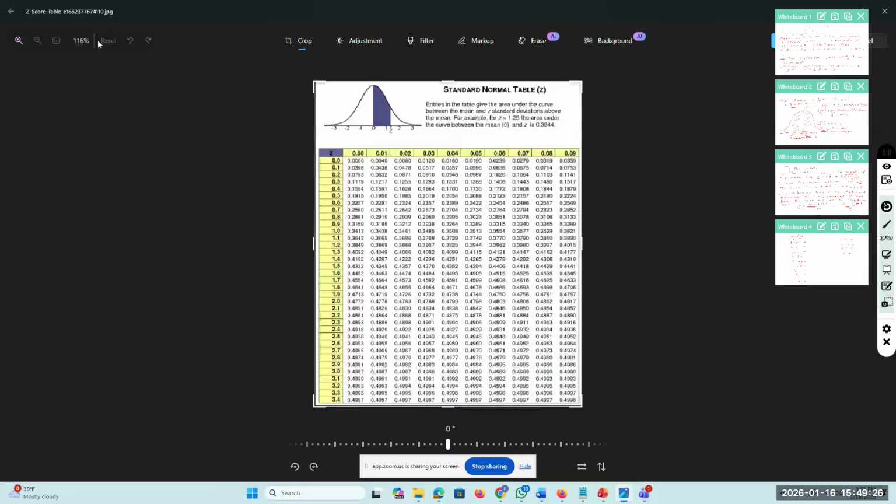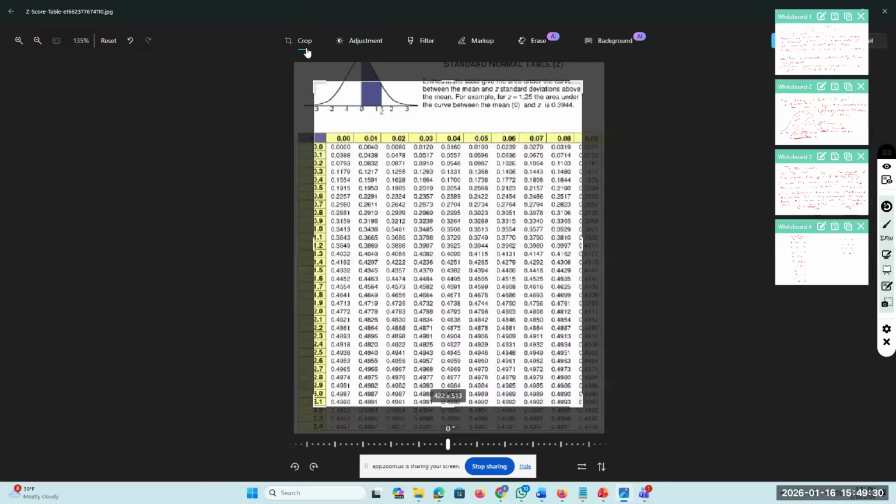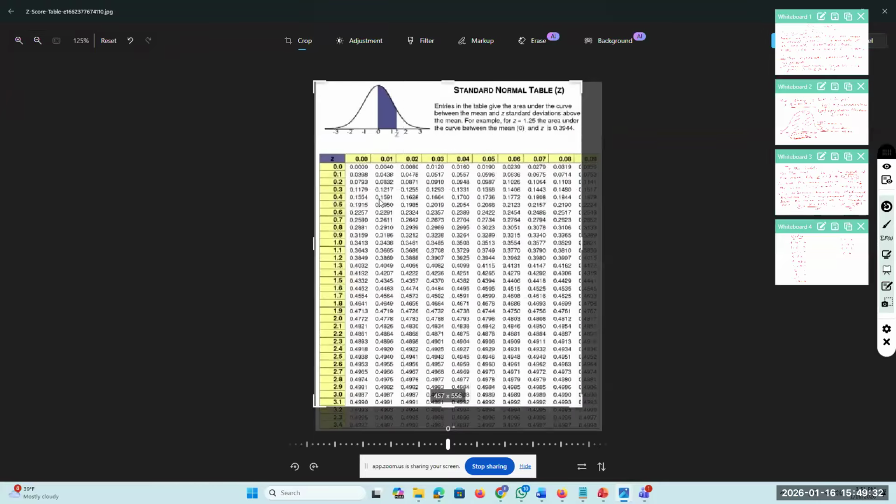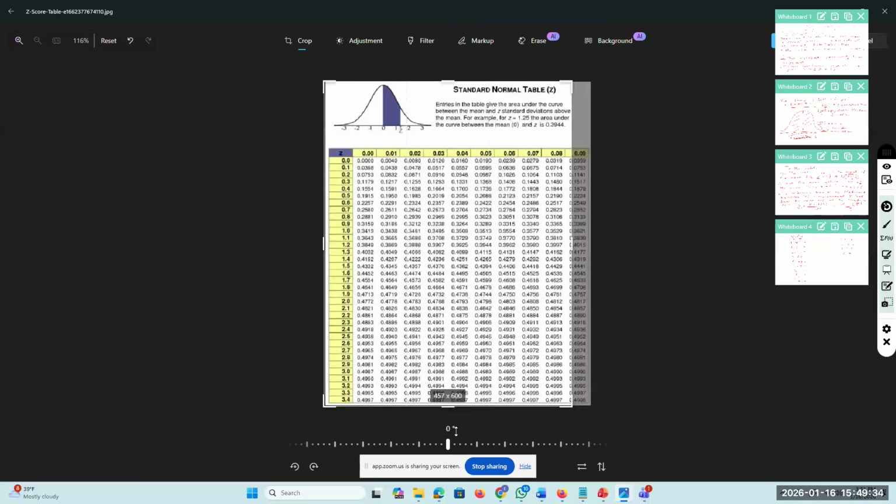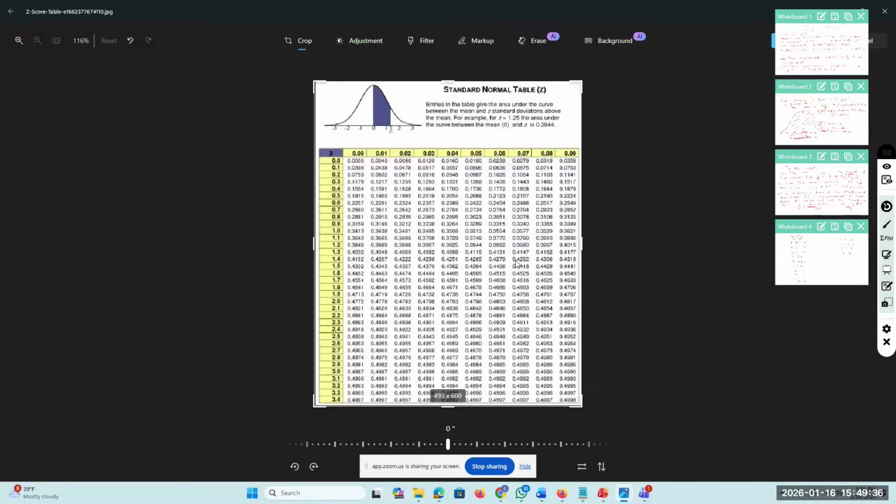I should zoom in. Oh, I think if I zoom in, I can't take it. But can you zoom in on your phone? Is it possible? Yes, it is.